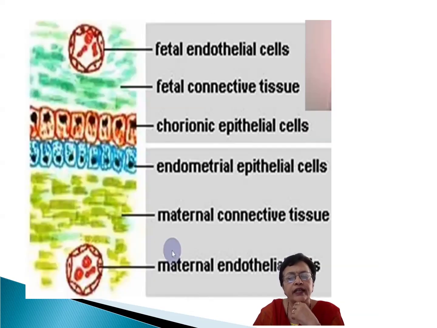And again, if we take into account the absence of the chorionic epithelium, fetal connective tissue is also absent. That is, two of the fetal layers are absent. And these entire 3 layers of maternal connective tissue, epithelial cells and maternal endothelial are absolutely absent. And the fetal endothelial cells are embedded in the blood pool from the mother.